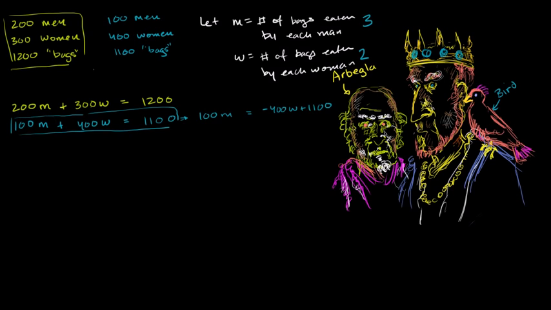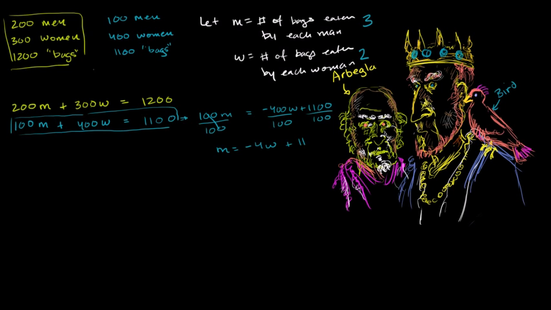And then if we want to solve for m, we just divide both sides by 100. So we just divide all of the terms by 100, and then we get m is equal to negative 400 divided by 100 is negative 4w. 1100 divided by 100 is 11, plus 11. So now we've constrained m in terms of w.